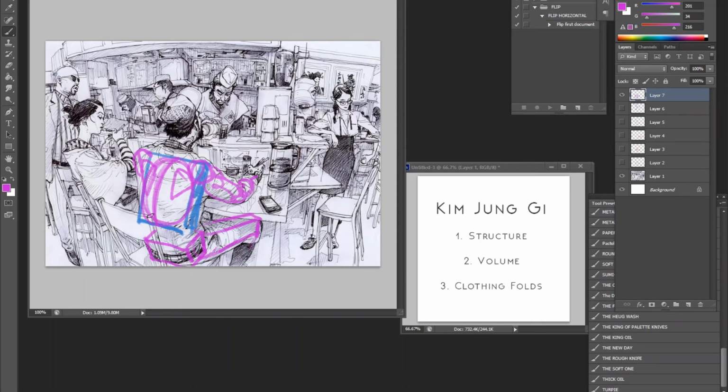I want you to really study this picture and other Kim Jung-gi work and realize that all his work aligns with rectangular prisms. He just does it so naturally. Even the most rounded shapes here. You see the patterns here? You can even see there is a little bit of rectangular prisms going on.